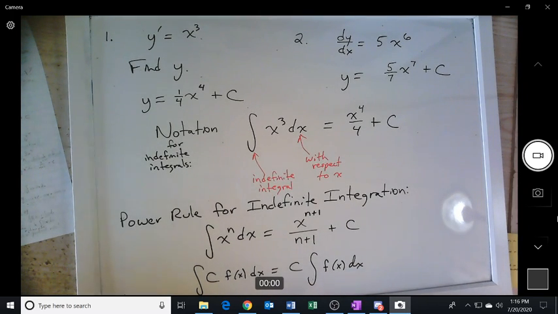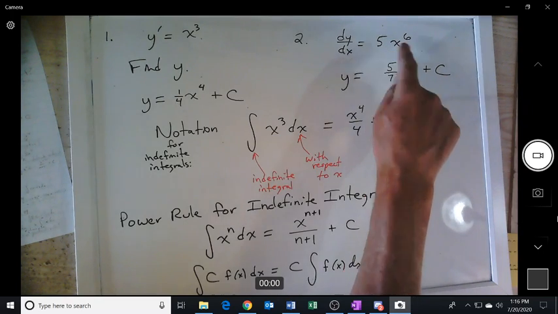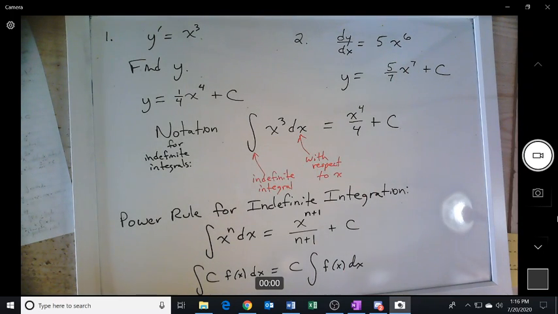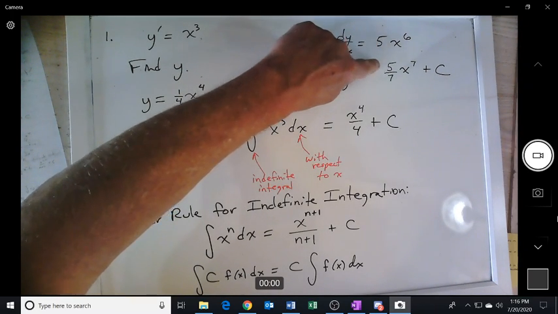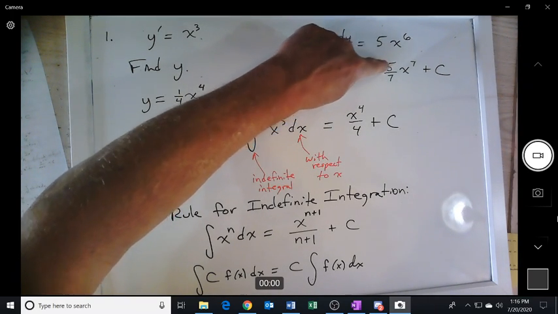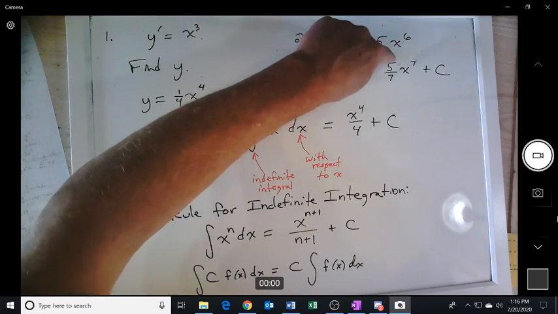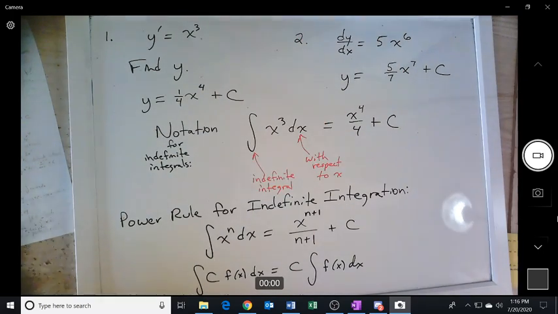And this rule helps you do a more complex problem incredibly quickly. So all you do is say, the indefinite integral of this one, you bring the 5 out front, so it just stays there, and then this becomes x to the 7th over 7. And then, there you go.